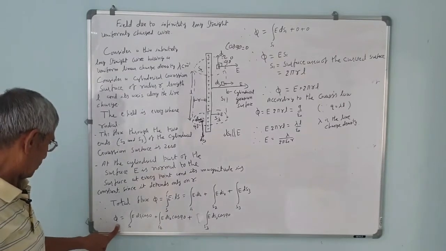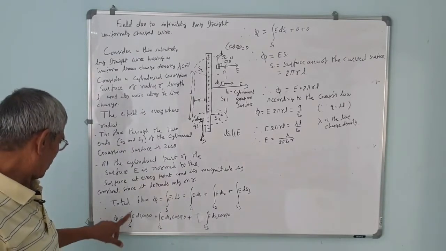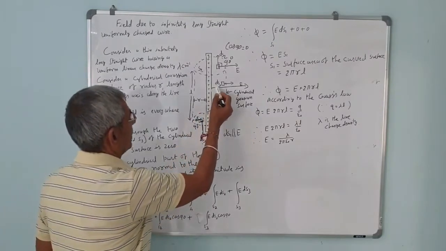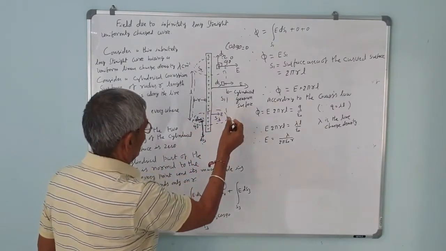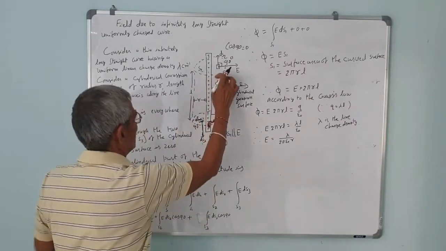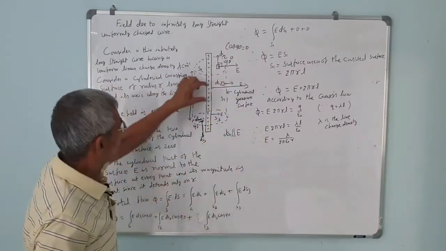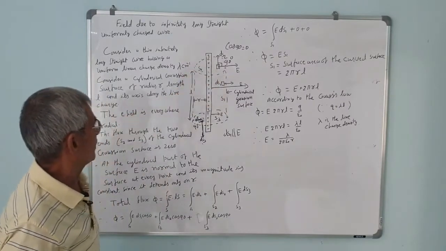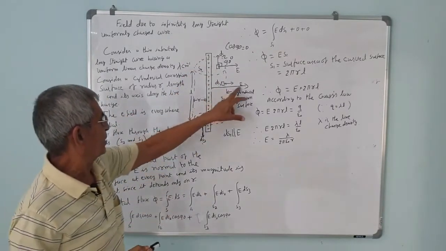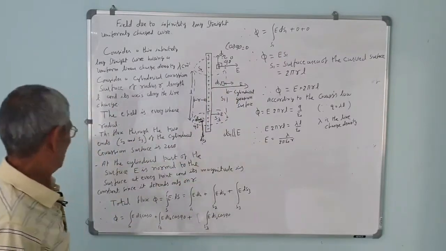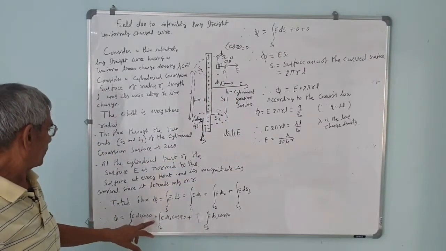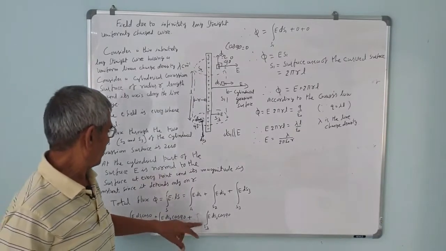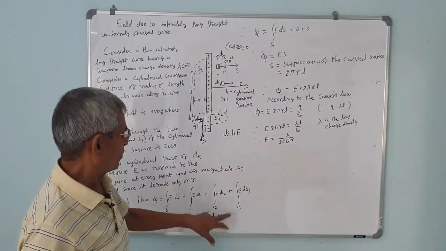Therefore phi is equal to the integral over S1 of E ds1 cos 0, plus S2 E ds2 cos 90, plus S3 E ds3 cos 90.